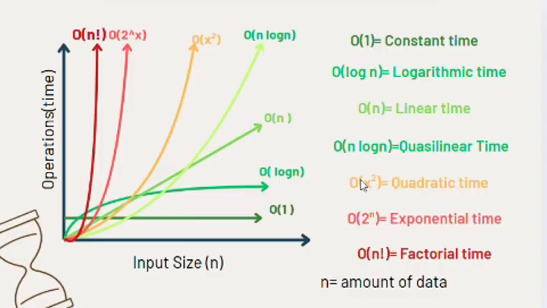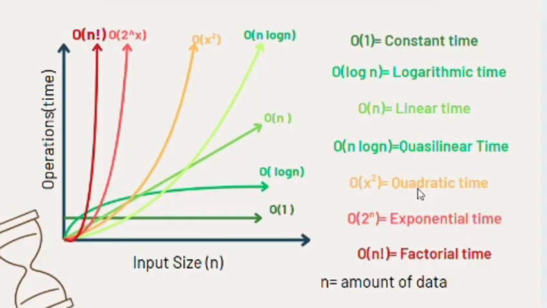The next one is quadratic time, which is O(n squared). In this, the running time of an algorithm is proportional to the square of the input size. Imagine nested loops. You should watch out for it because the performance drops fast.